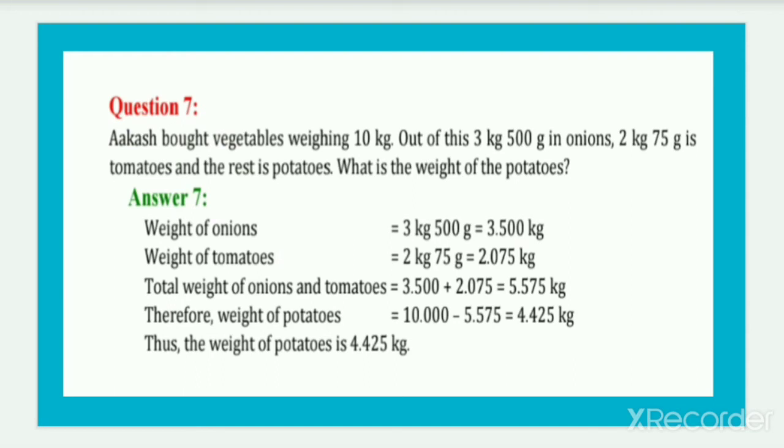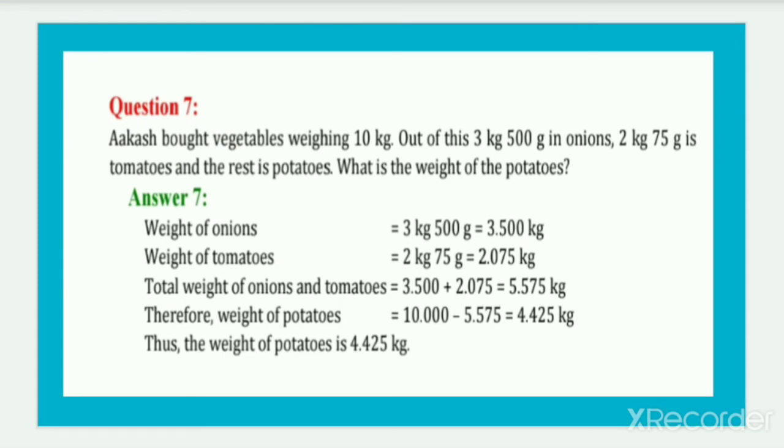Moving to question number 7: Akash bought vegetables weighing 10 kg. Out of this, 3 kg 500 gram is onions, 2 kg 75 gram is tomatoes, and the rest is potatoes. What is the weight of the potatoes? Okay, the total weight is 10 kg, out of which the weight of the onions is 3 kg 500 gram.